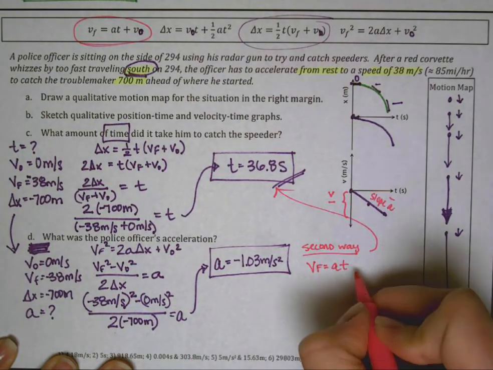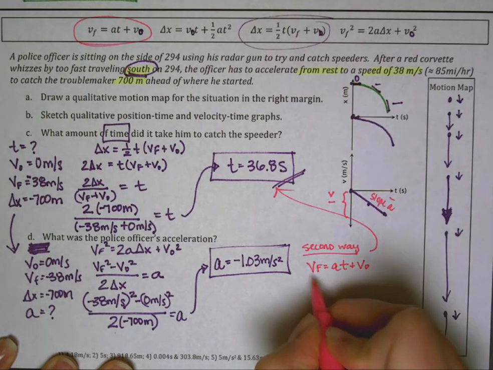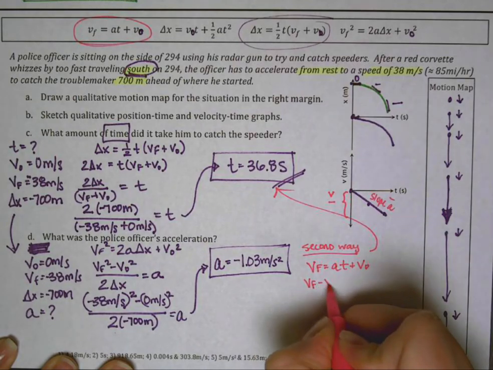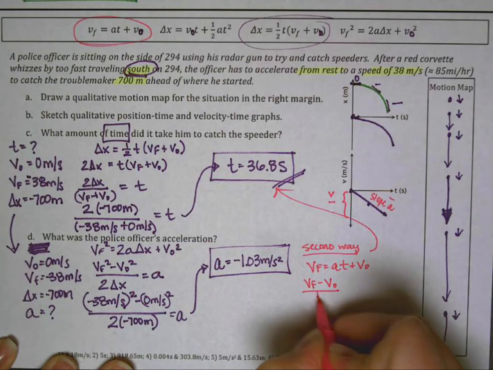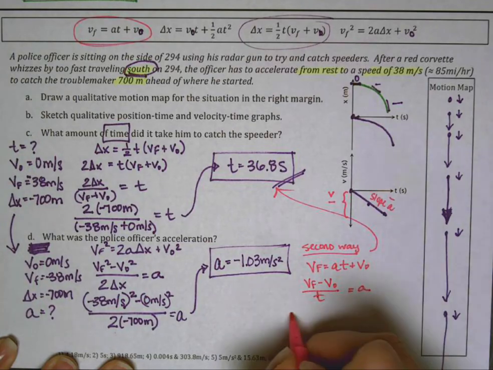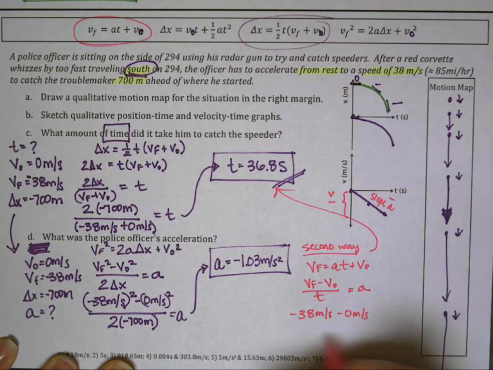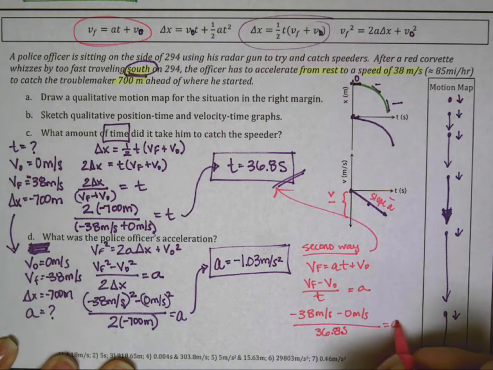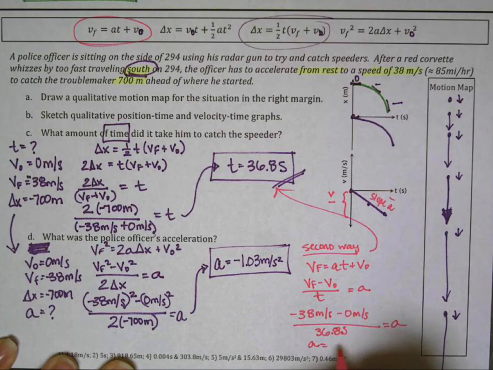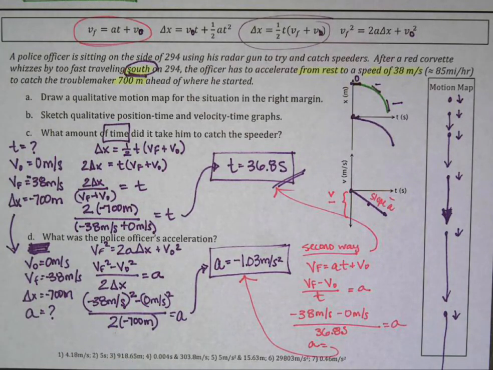So Vf equals At plus V naught. Solve for acceleration. Vf minus V naught over T equals A. Plug in negative 38 meters per second minus 0 meters per second. Divide by 36.8 seconds. And you get an acceleration value that is still equal to negative 1.03 meters per second squared.